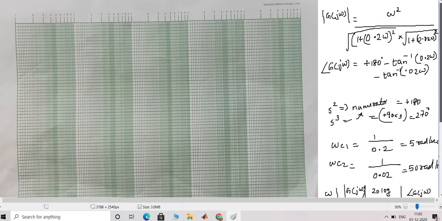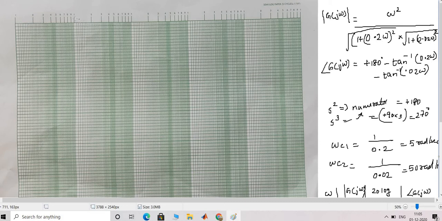Now we can mark the scales in the semi-log sheet. Since we have taken the value of omega from 0.1, I am marking the first value as 0.1. Here you can see that corresponding to this I have marked 0.1.